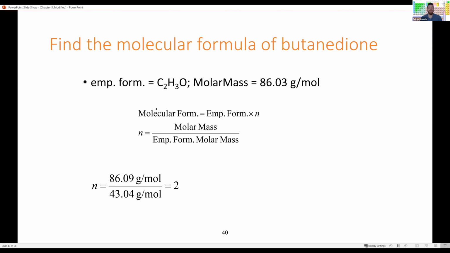The empirical formula mass is 12 times 2, which is 24, plus 3, which is 27, plus 16, which is 43. So you get 43.04, whatever. We're trying to see how many times that goes into the molecular mass of 86. When you divide those two numbers, you get exactly 2. You take 2 times the empirical formula, and you get C4H6O2. And that is the molecular formula for this specific problem.